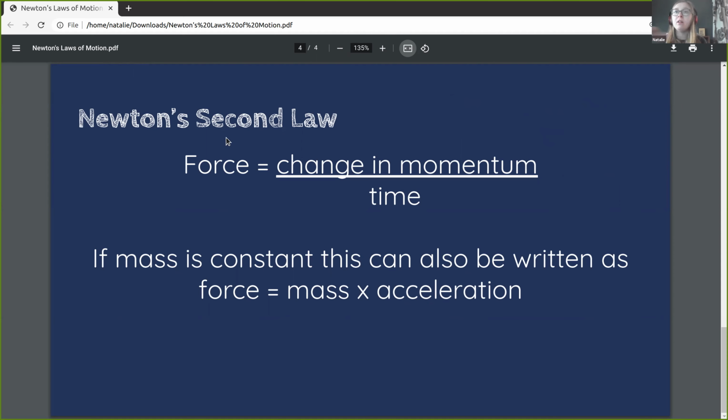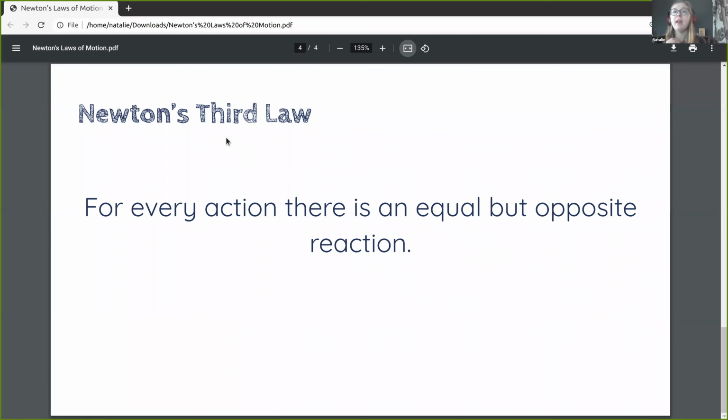And finally, our third law is that for every action, there is an equal but opposite reaction. Now, this is the easiest one to state, it's the easiest one to remember, but it's also the one that everyone seems to get confused by. And the reason for this is we understand that forces come in pairs, and they're called Newton's third law pairs.